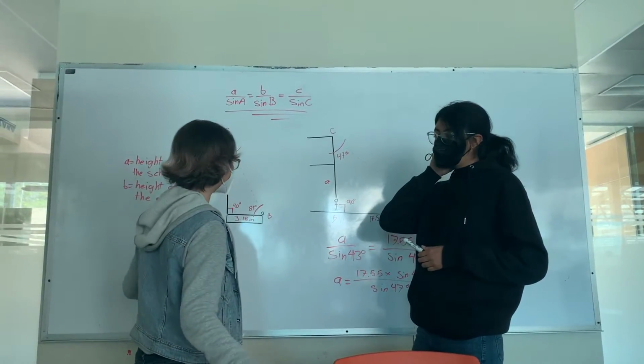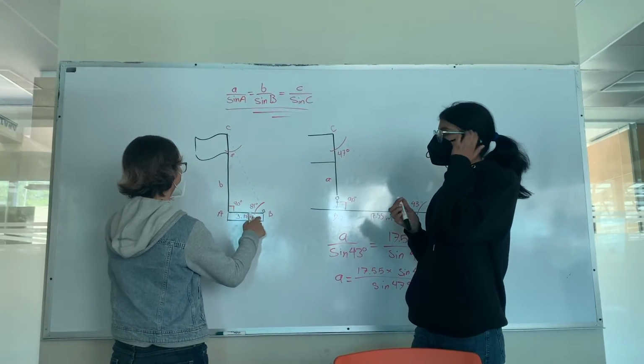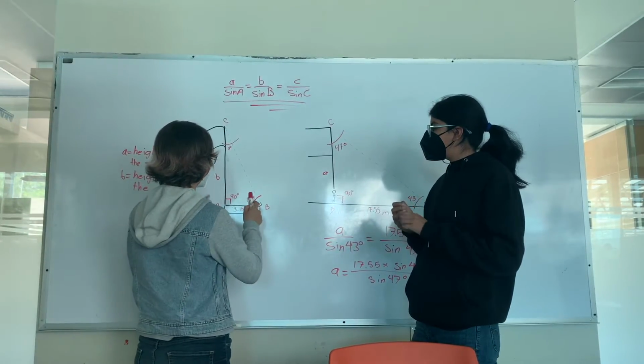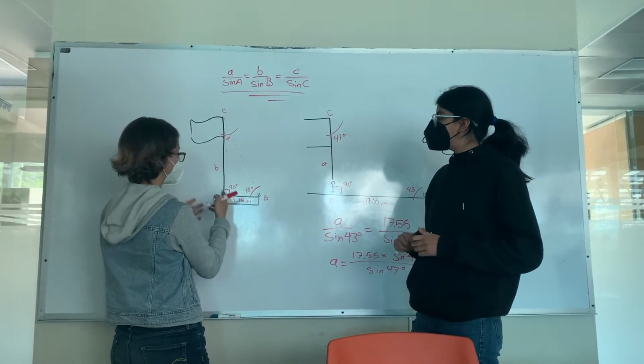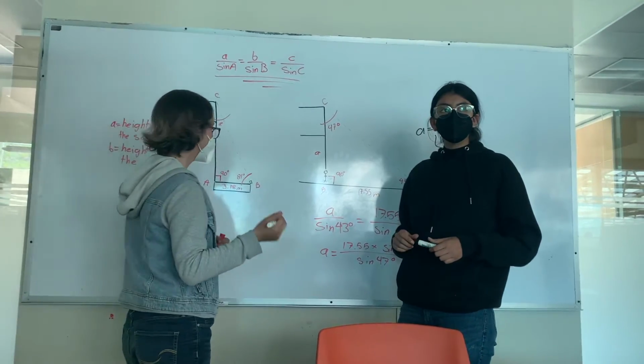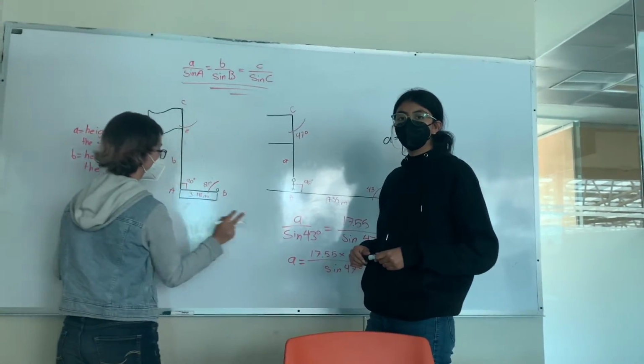Well, we are doing the same thing here. We have the measure of this side, and we have the two angles beside the 90 degrees angle. So we are going to apply the same law here.